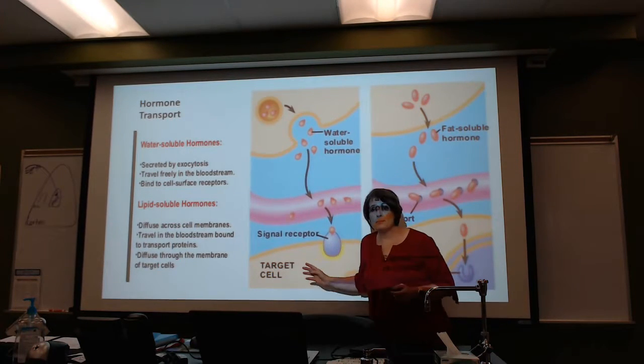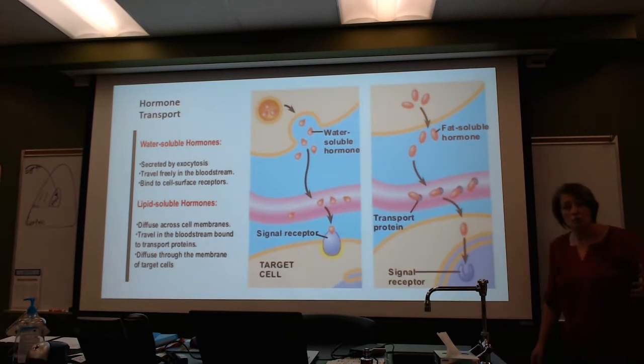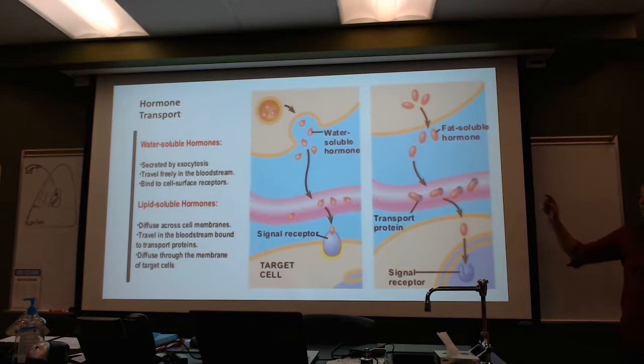Once that happens, the goal of my hormone was to alter the activity of the target cell. It has now reached its target cell, it has been received, and now it can alter its activity.